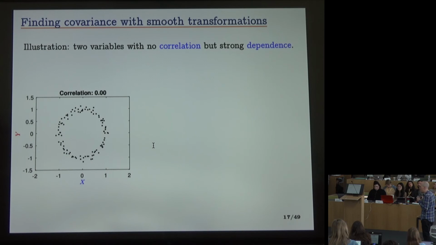Because knowing where x is tells you something about where y is. For instance, knowing that x is 0 tells me that y is either -1 or 1. Knowing that x is -1 tells me that y is 0.